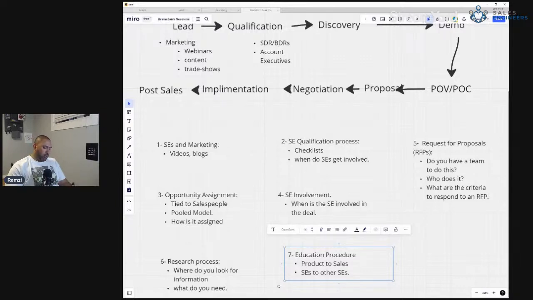Cisco has firewalls, has routers, has switches, has WebEx. They have a million things, right? Not one SE is going to know all that, but some SEs are going to be great at some, and you're going to split the work, split the load. That's another procedure to think about. Who's going to learn what? But then how are they going to share that information together? How are they going to share stories?